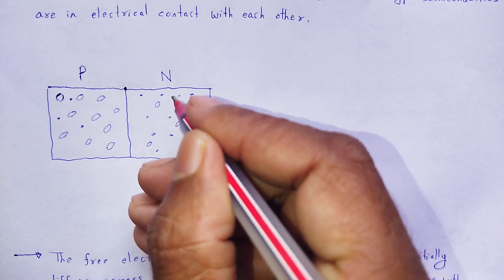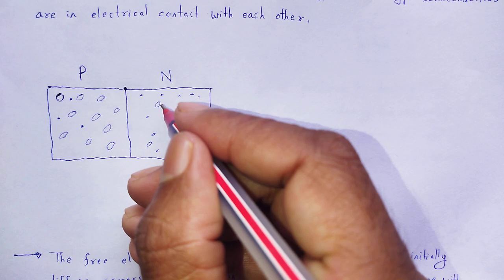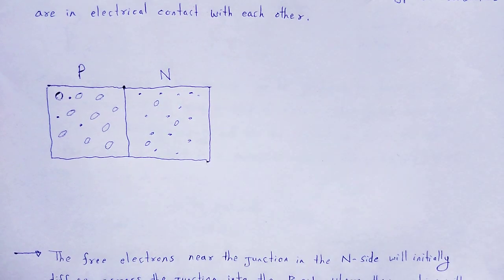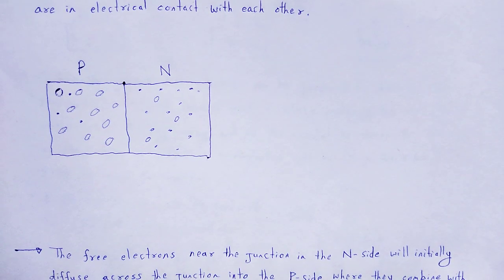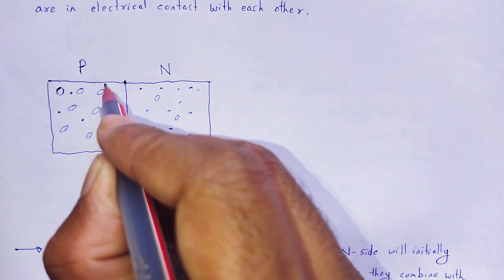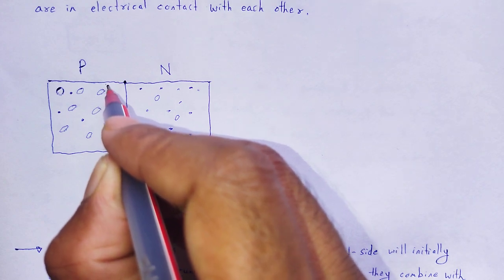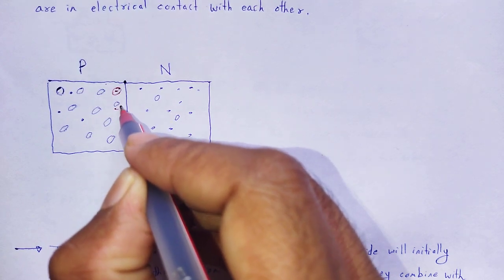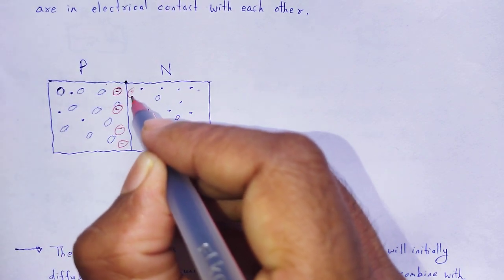In N type semiconductor, there will be the donor ions. Here the acceptor ions, there are the donor ions.